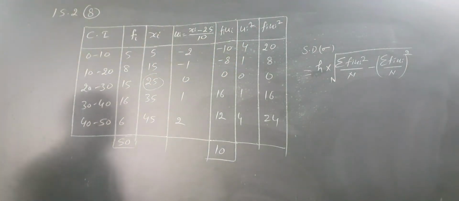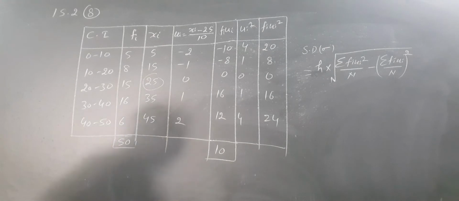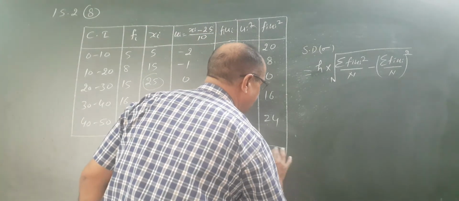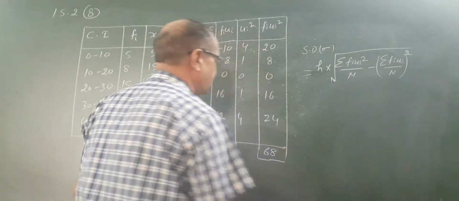See, find out its ui square by squaring the values of u, that is 4, 1, 0, 1 and 4, and multiply this by f, to get 20, 8, 0, 16 and 24. And you have to add these terms, and this total will be 68. Okay, this is 68.